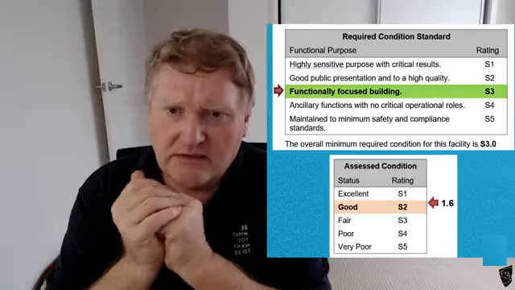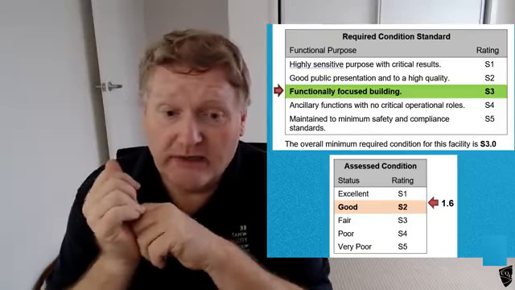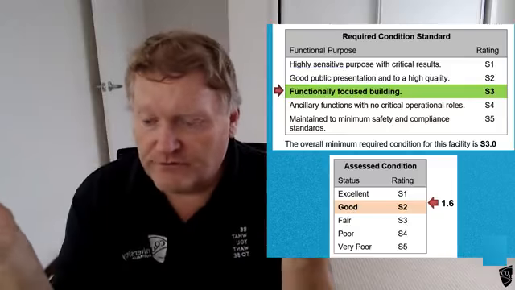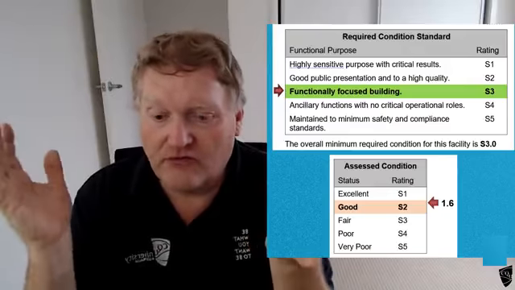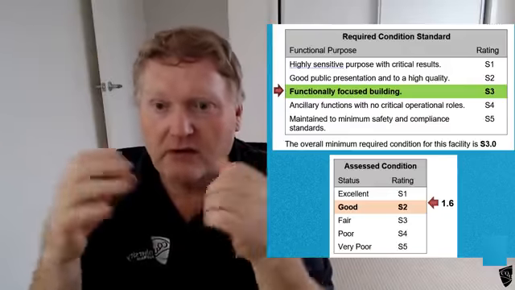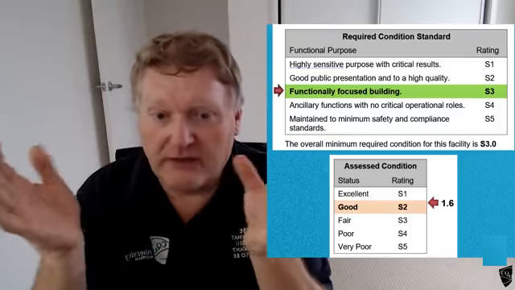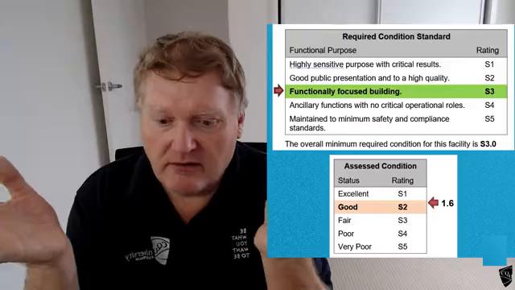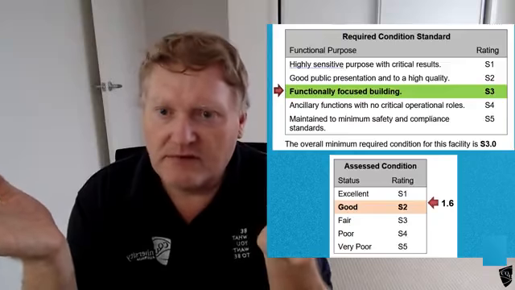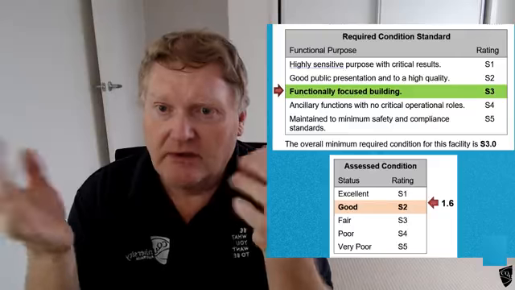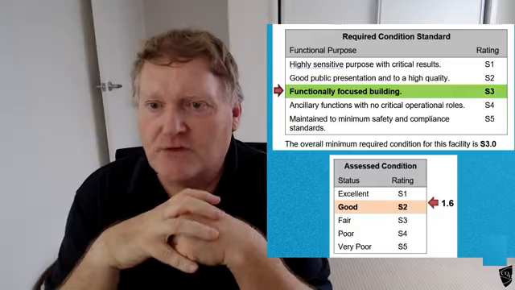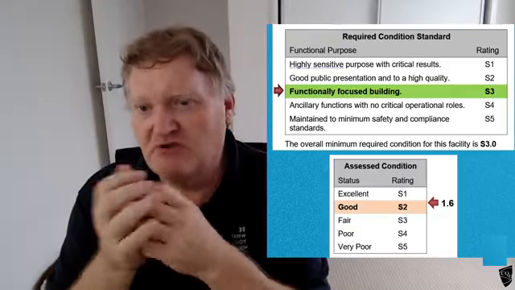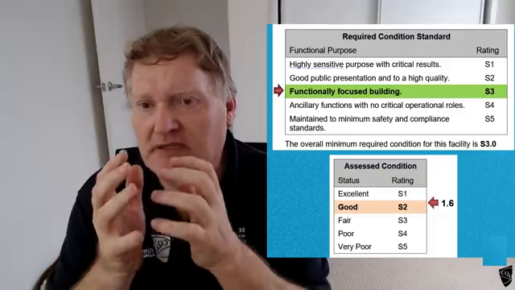High quality things, which could be the entrance foyer to a theatre, the atrium and the entrance lobby to an office building, the shopping area of a reasonably good quality shop, or your mall. That would be an S2. That'd be good presentation, and generally to a high quality, because the public see that part of it.